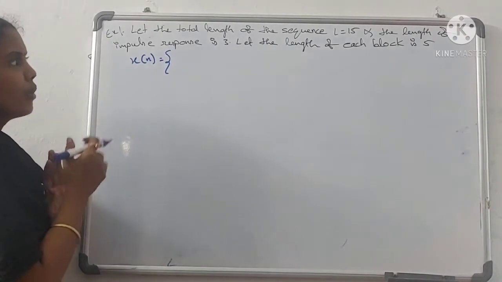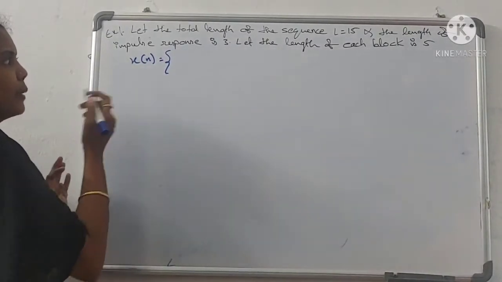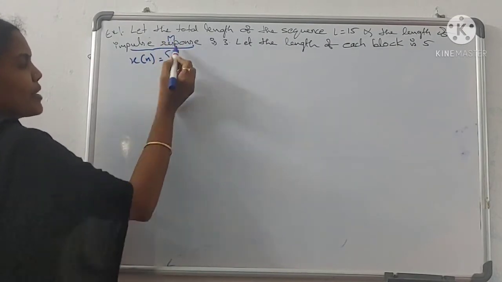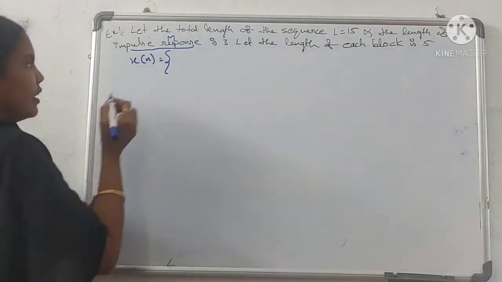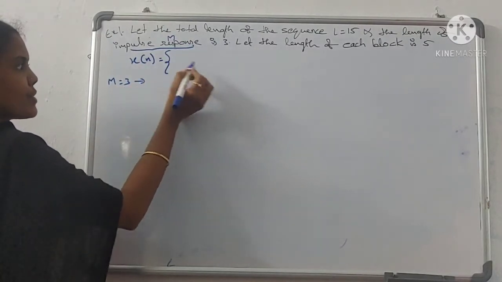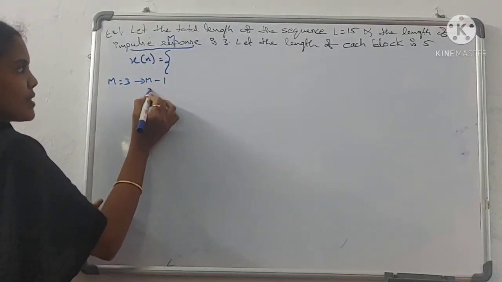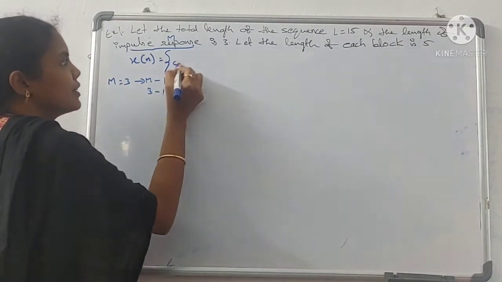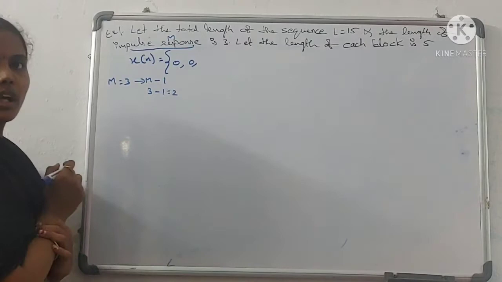What is the value of M? M is the length of the impulse response, and M is equal to 3. For M equal to 3, how many zeros do you have to add? M minus 1, that is 3 minus 1, which is 2 zeros: 0 comma 0.